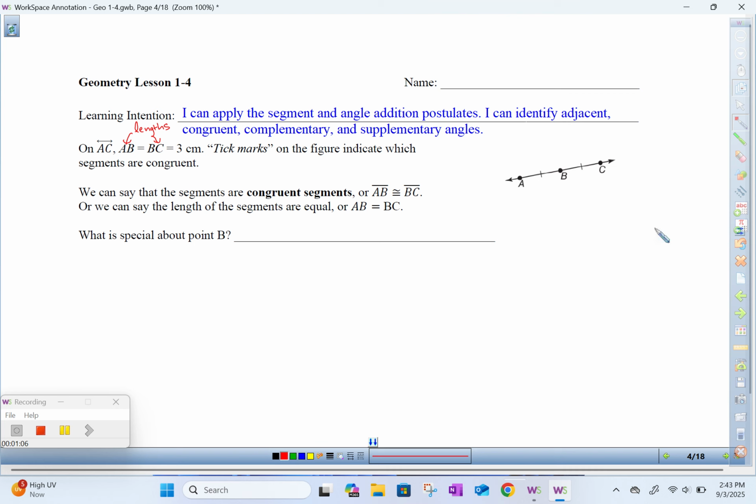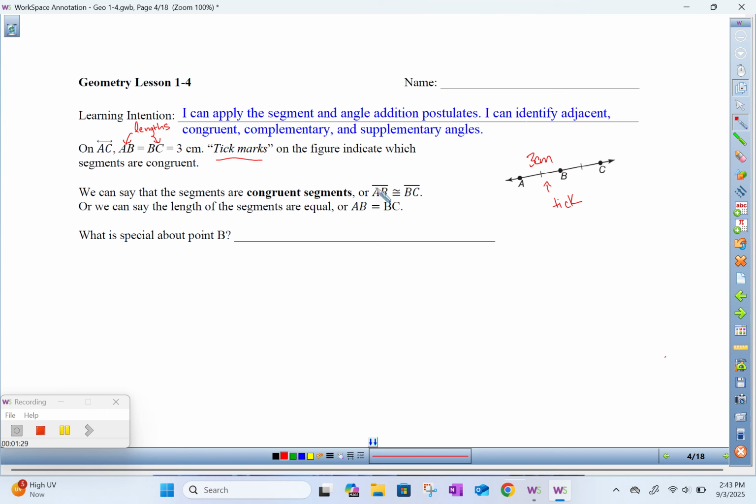But you'll notice that there is also this little tick mark here. So these are what I'm referring to when I'm talking about the tick marks that you see. And it means we have congruent segments. Congruent segments are just segments with the same length, but there's two different ways that you can write that in terms of geometry.